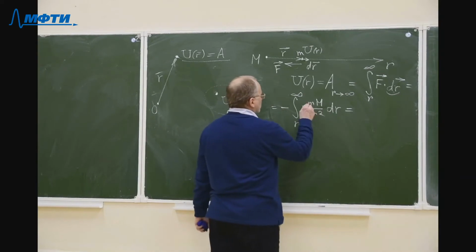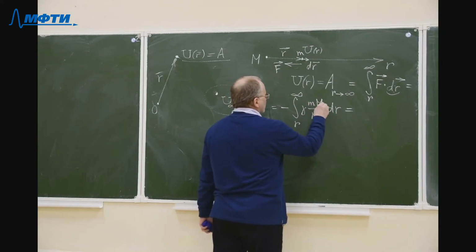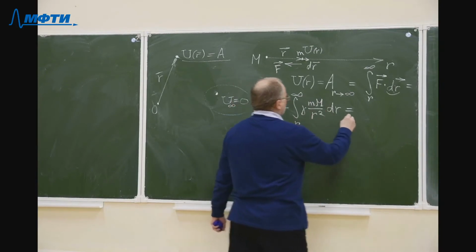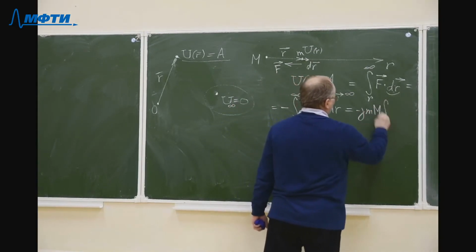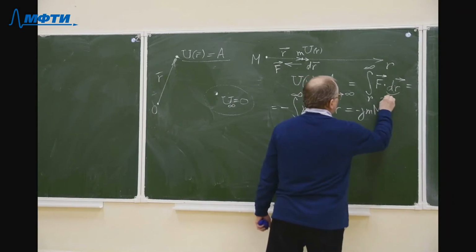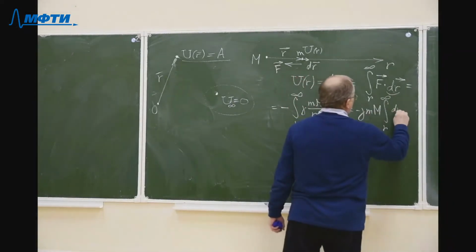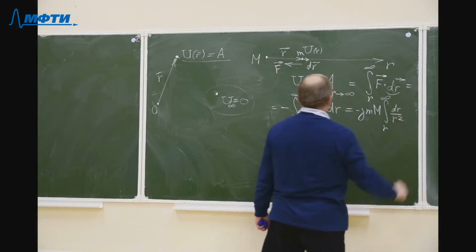What is constant here? Gamma is constant, small mass and capital mass are constant. So I can take them out of the integral sign, and the integral will be this one, dr over r squared.